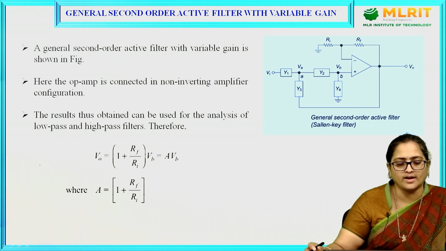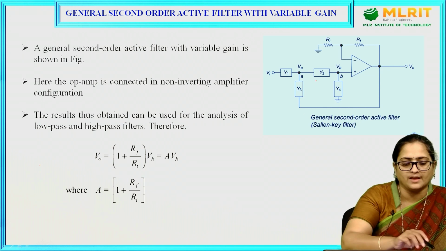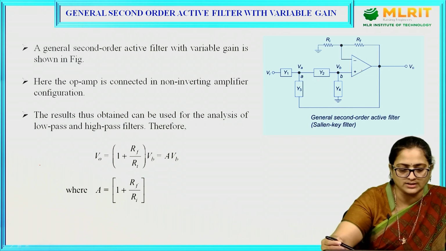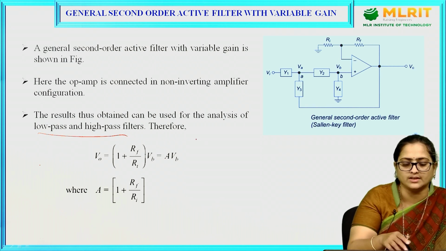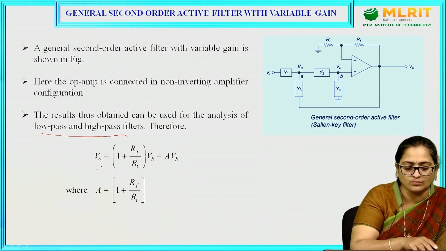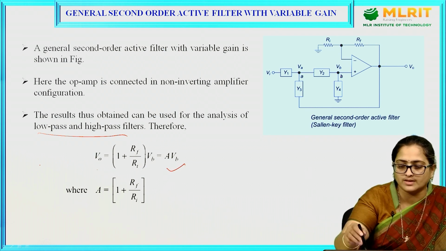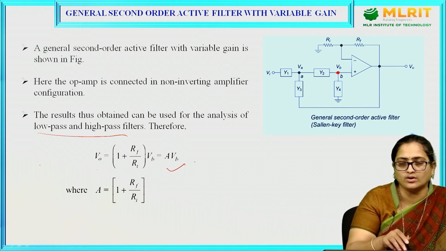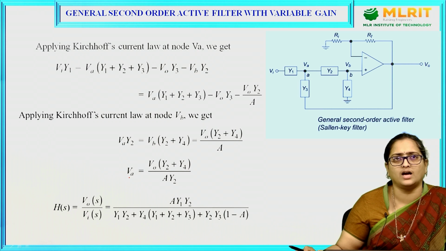Generalized second order active filter with a variable gain. Here the op amp is connected in a non-inverting configuration. The result thus obtained can be analyzed for a low pass and high pass filter, and we can write directly the equation V0 equals 1 plus RF by R1 into Vb, where Vb is the voltage across this point, so V0 equals A Vb, where A equals 1 plus RF by R1.